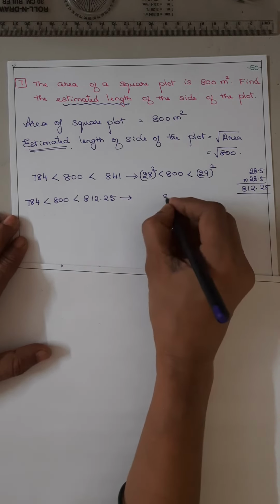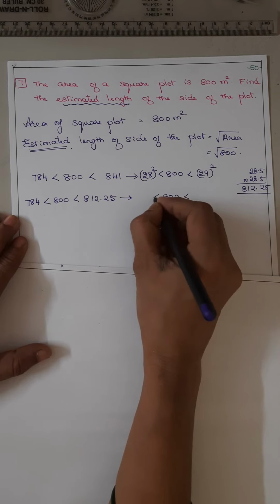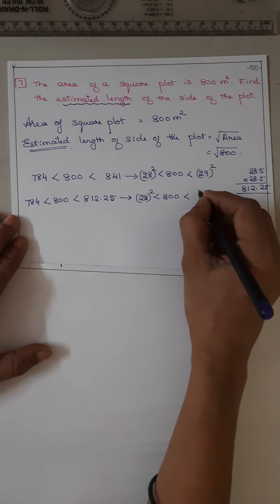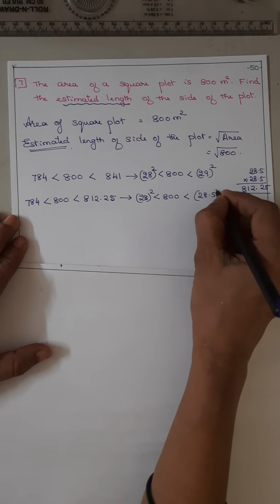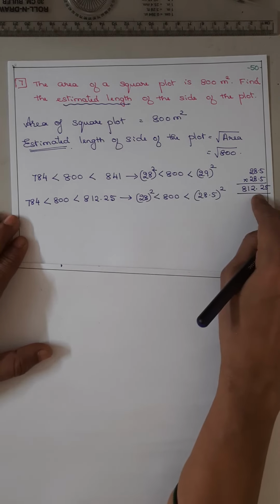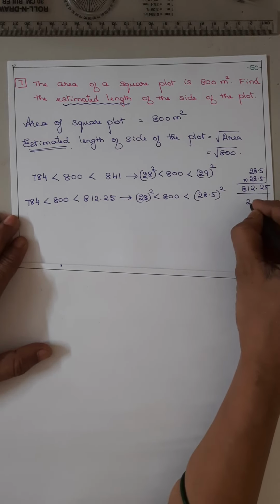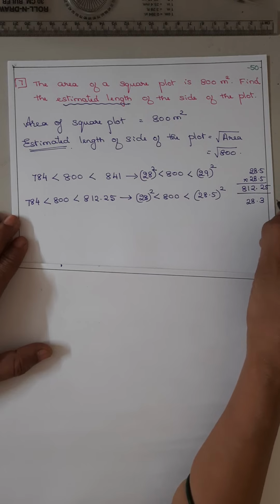That means 800 is between 28 square and 28.5 square. 812, 800 is much less, so try with 28.3.